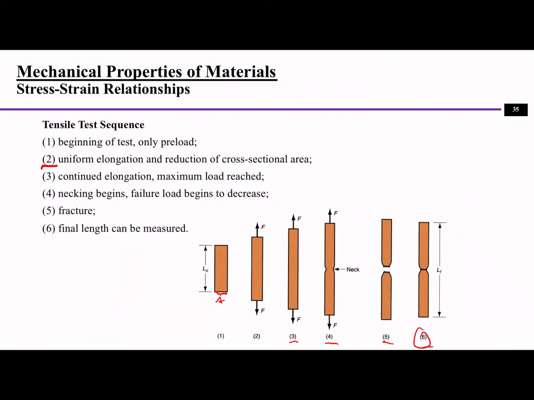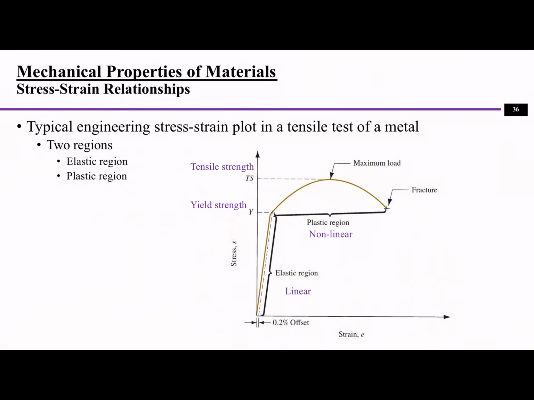Lastly, you need to measure the final length of the material. You can calculate the stress, strain, and also the Young's modulus. This is a typical stress-strain relationship, and something to notice is that there's an elastic region and also a plastic region. The elastic region means when you are giving this stress or force, there's no permanent deformation of the material, it can go back to its original shape.